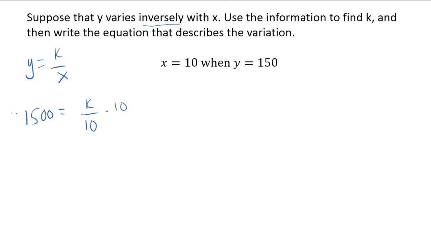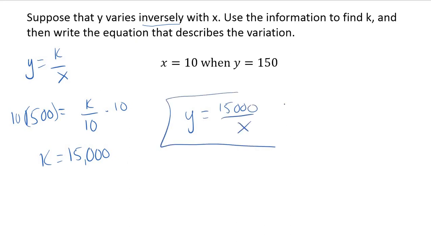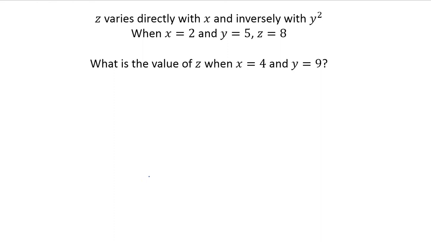So we're going to multiply 10 by both sides. Hey, k equals 15,000, right? I got 3 zeros there. And now let's just write the equation. So y equals 15,000 over x. That would be the general equation. Now, once I know that, any x's they give me, I could plug in, I could figure out what y is. How about this one, a little more involved?